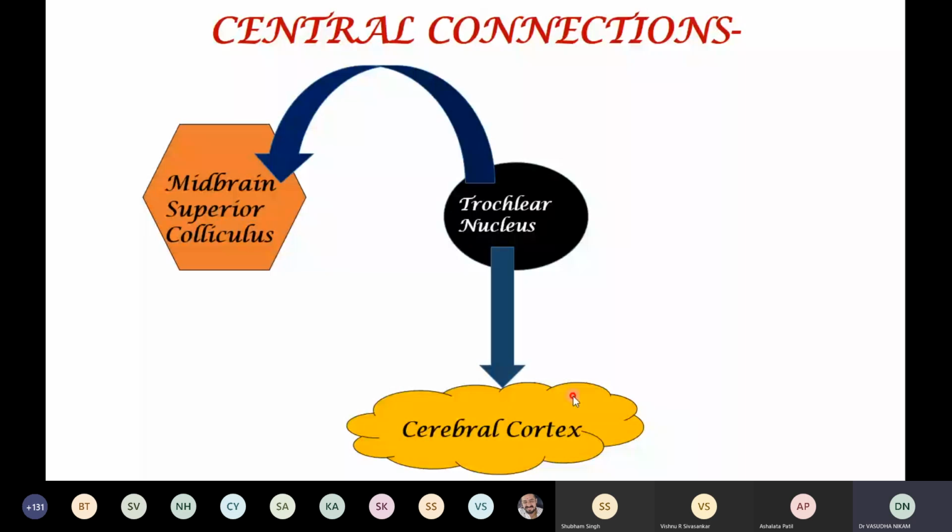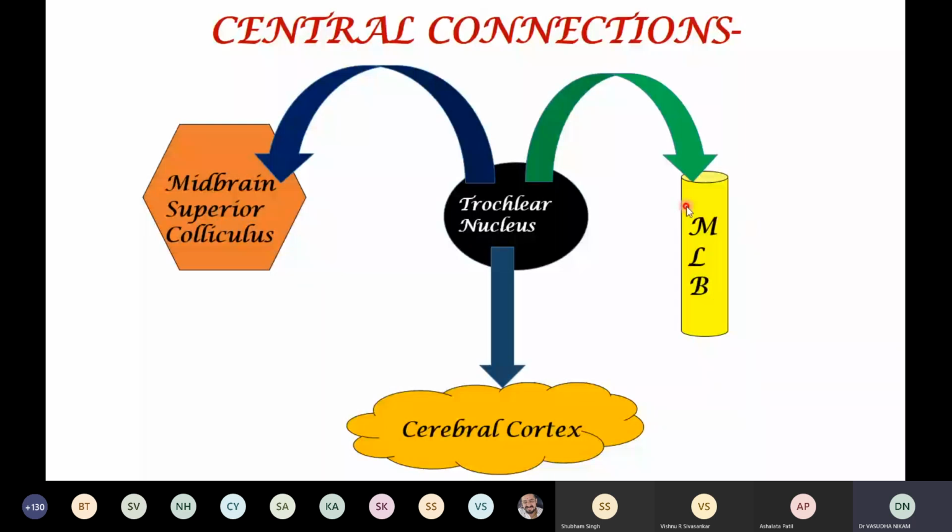It is connected to the midbrain, and helps in the formation of the tectobulbar tract, which is responsible for our spino-visual reflexes. It is connected to the medial longitudinal bundle, by which the trochlear nucleus is connected to the oculomotor nucleus, abducent nucleus, and vestibular nucleus. This connection is responsible for the coordination of our eye movements.